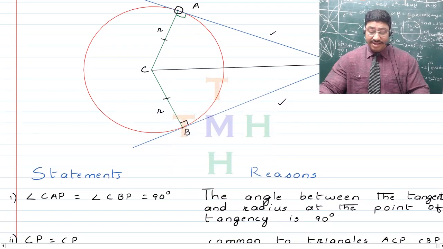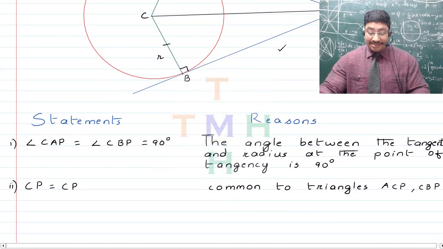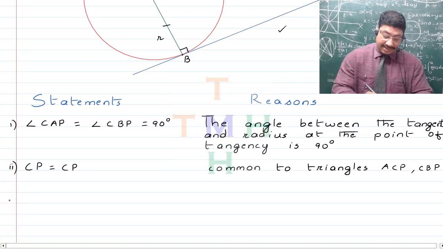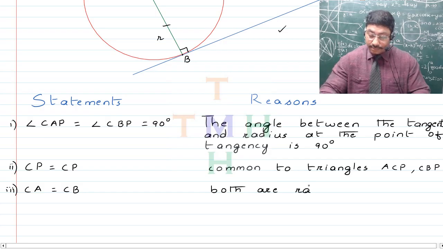Now the third is the radii, right? That is CA is equal to CB. This is the third thing. Now here we're going to write the reason that both are radii, right?